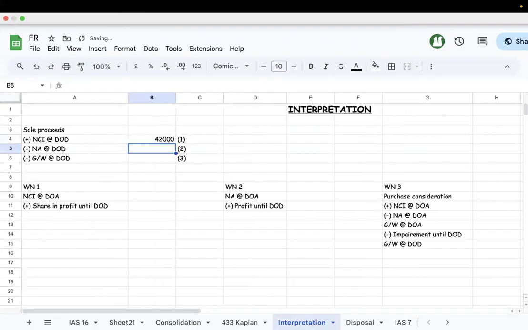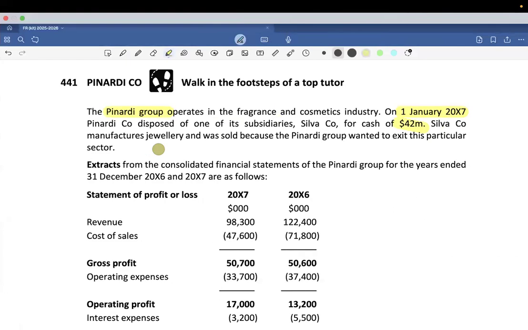You're going to fill it in. Clear? 42,000. Remember, always write figures are expressed in thousands. I'm not writing this, but make sure you do write it in your exam.